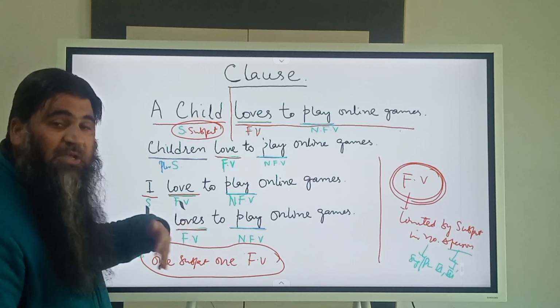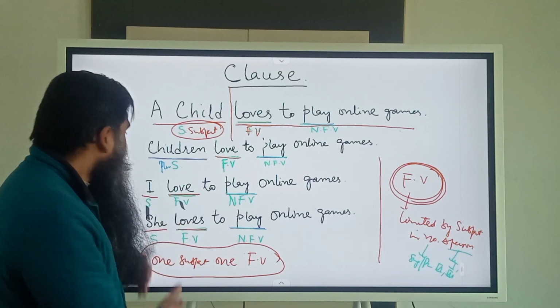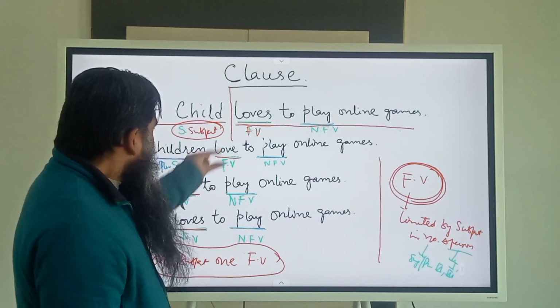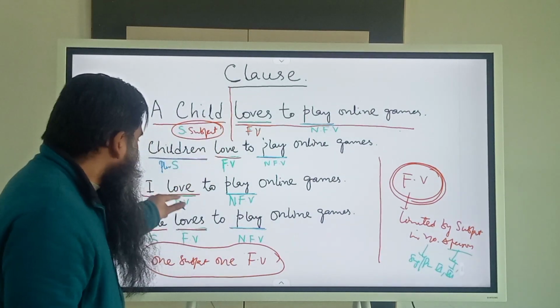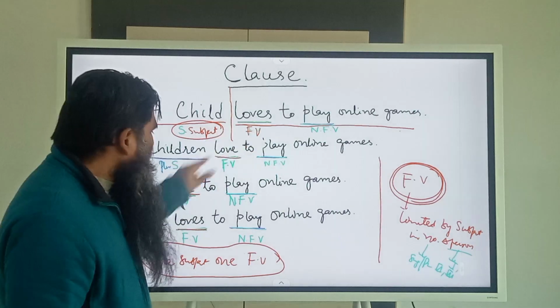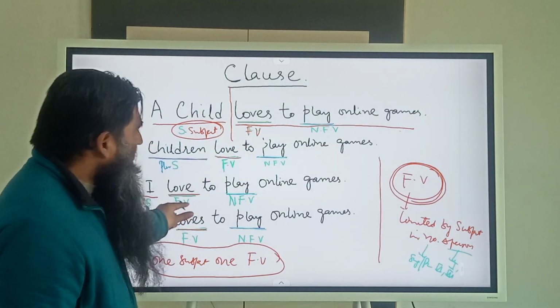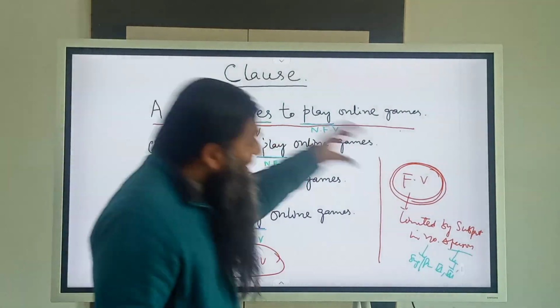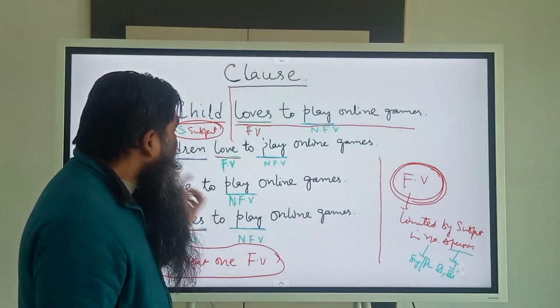So sometimes it takes S and sometimes it does not take S. Hence this verb, which is changing its form with the subject, is dependent on the subject. We say that it is limited by subject in number and person.